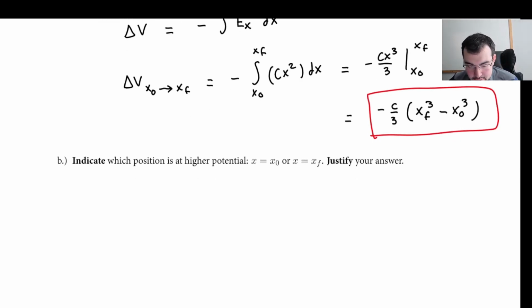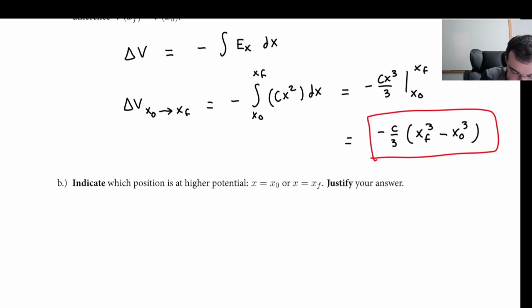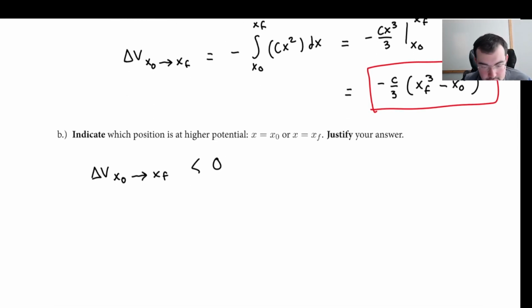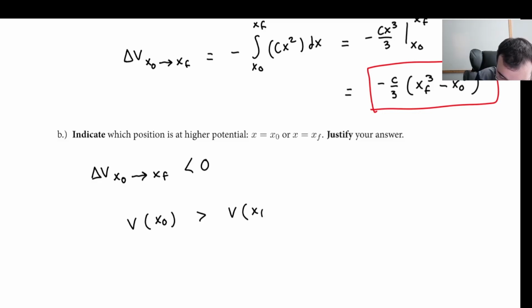Well, we were given in the problem that c is positive and xf is a bigger number. So we actually know that delta V from x0 to xf is a negative quantity. And since this is a negative quantity, this tells us that we have gone to a lower potential. So this means that V at x0 is going to be at a higher potential than xf.